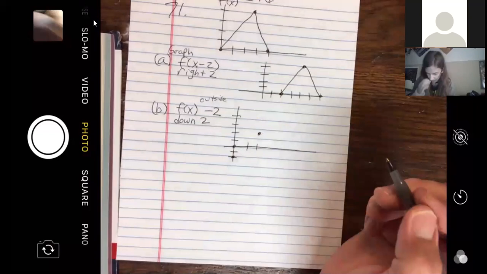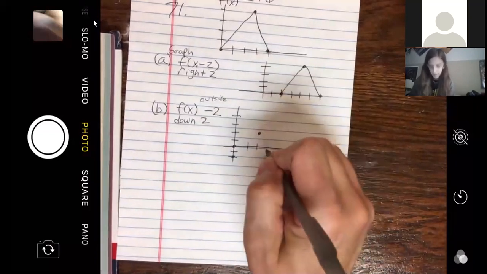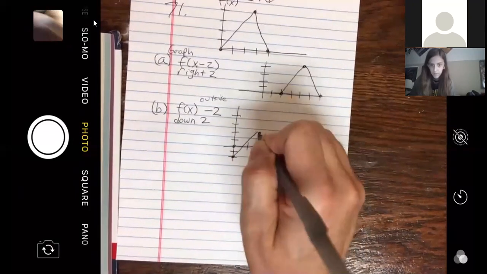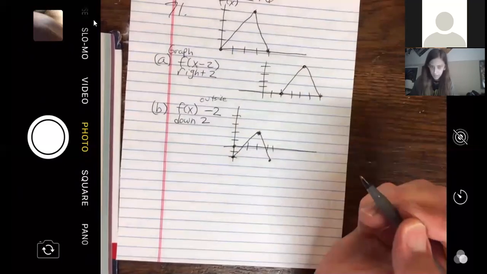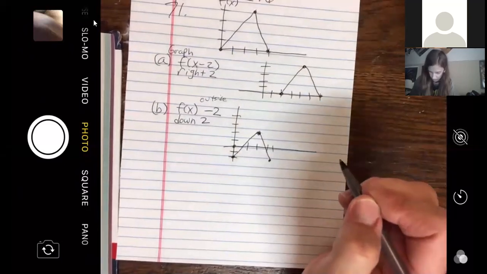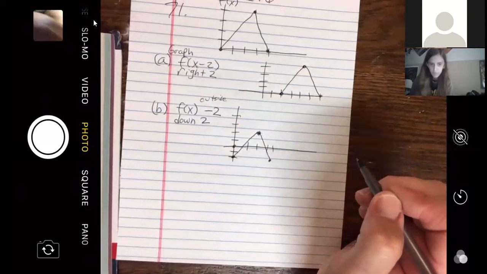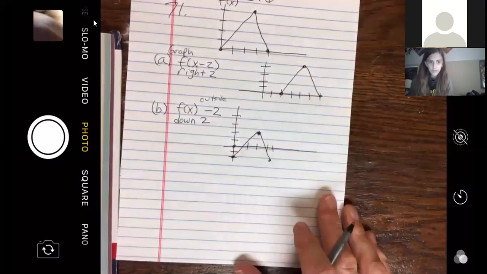Down to 2, and the point here will go down to negative 2. Questions about that?